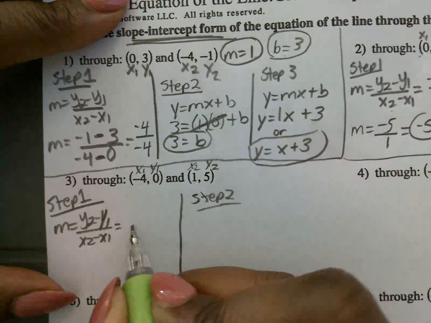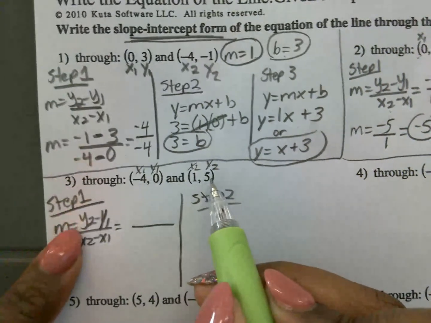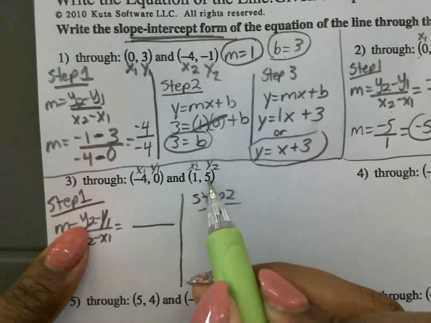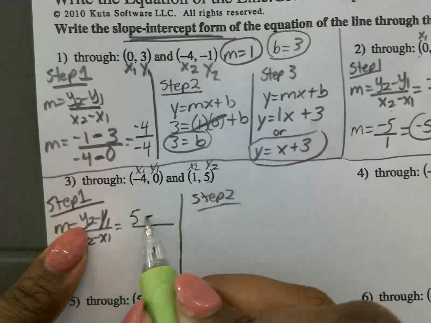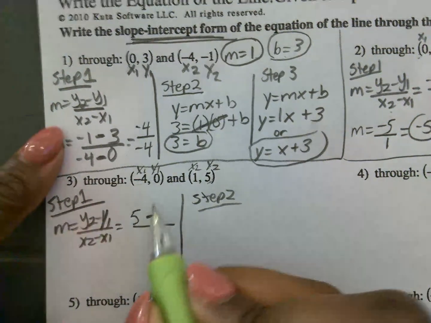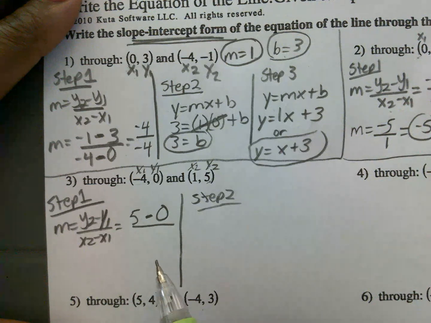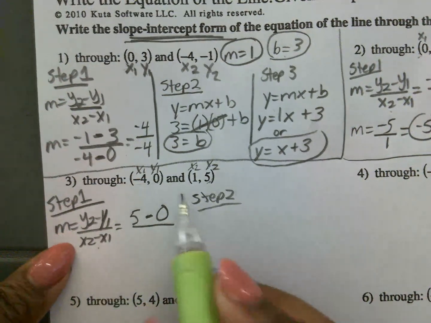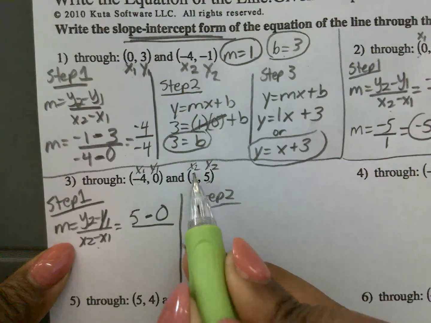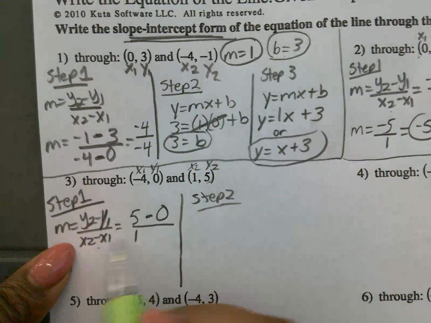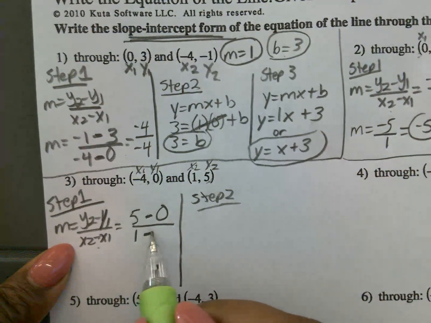Now we're going to substitute those values. Your y2 is 5. Minus is a part of the formula. Your y1 is 0. Your x2 is 1. Minus is a part of the formula.